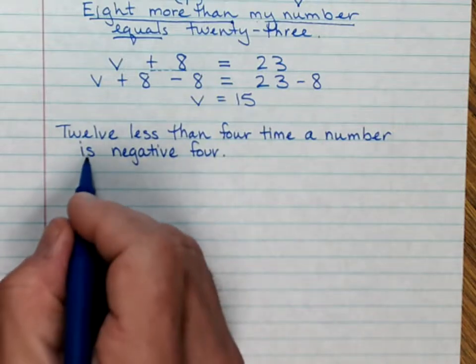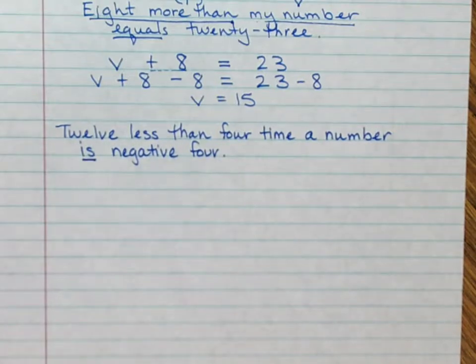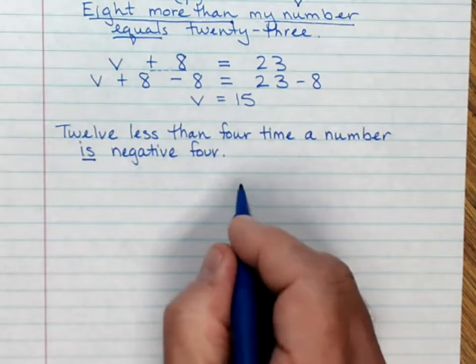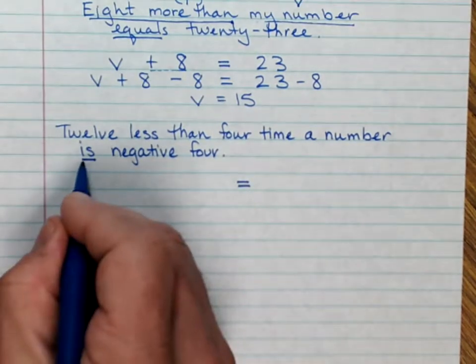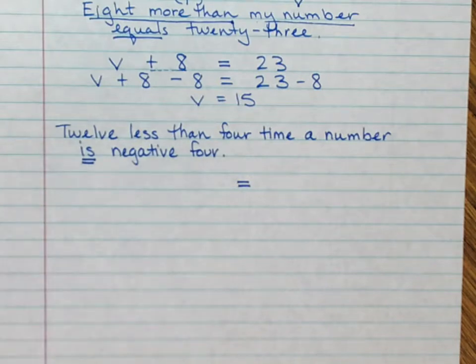So the word is jumps out at me. That's my equal sign. I'll put 2 lines underneath that, just to emphasize that.